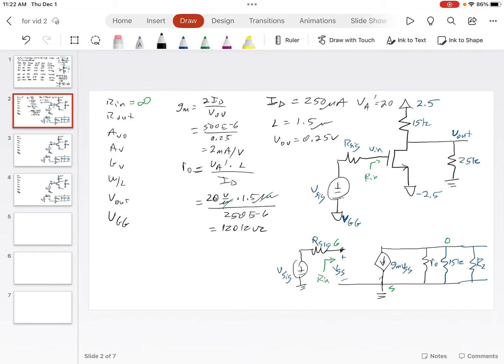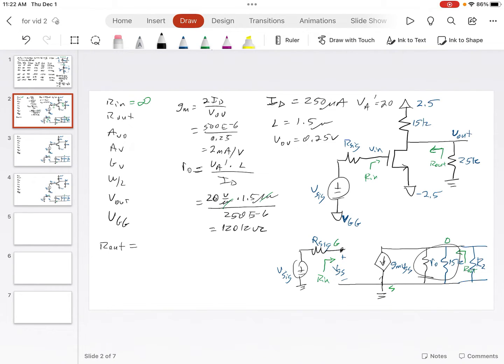So that puts us in a position to calculate R out, because R out is what the load sees. Just looking back that way. This is the load. R out is what the load sees. So we stand in place of R out, and we see, what do we see? Well, we see the resistance down here, R naught, and we see the resistance up here, RD.